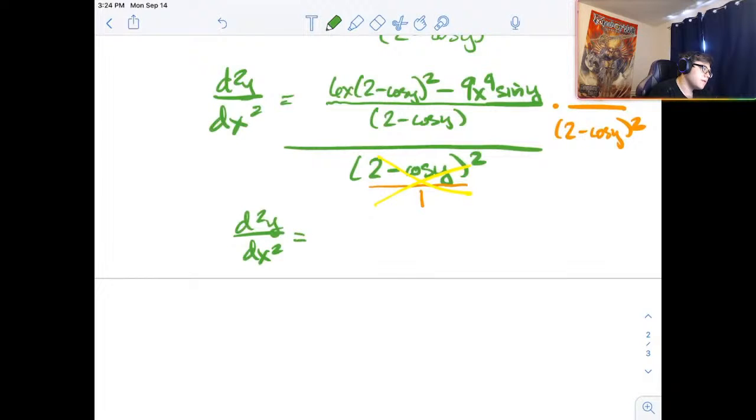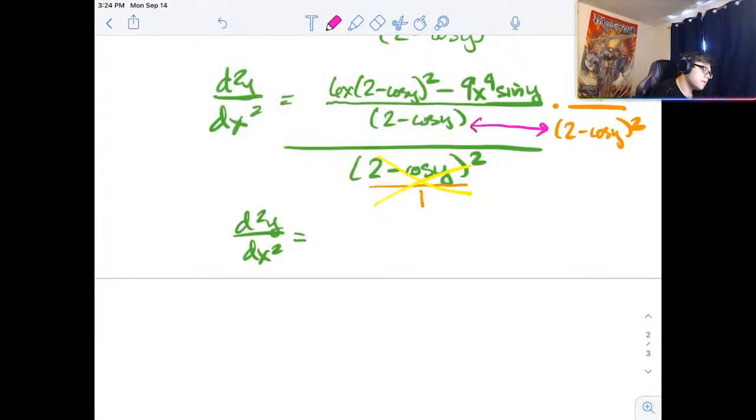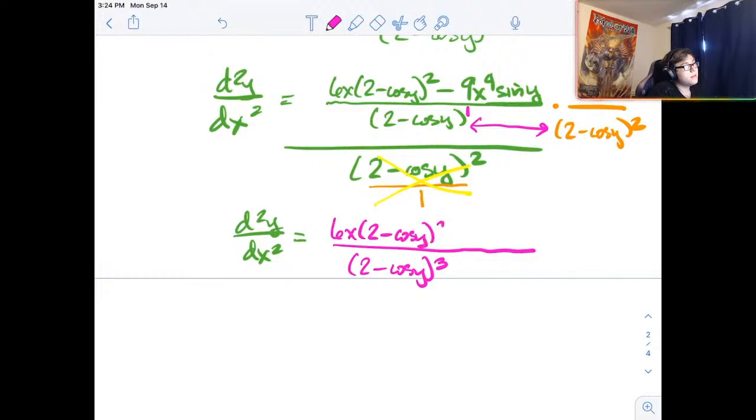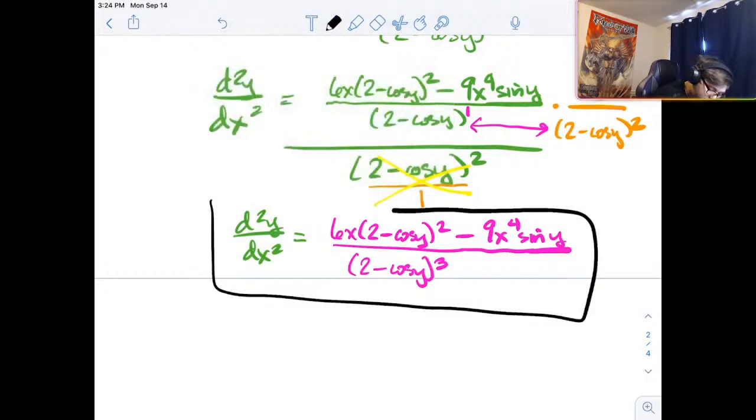But as often happens with second derivatives under implicit differentiation, you're going to have a nice multiplied combination of these two things, which is going to lead you to the quantity 2 minus cosine y cubed, because there's one of them here and two of them here, and you are multiplying them, and the top pretty much stays the same, even though it's ugly, you guys. Even though it's ugly, we're just going to be okay with it, and we're going to leave our numerator like this. Oh, I forgot the sine y. And that would be a way to express the second derivative of your function.